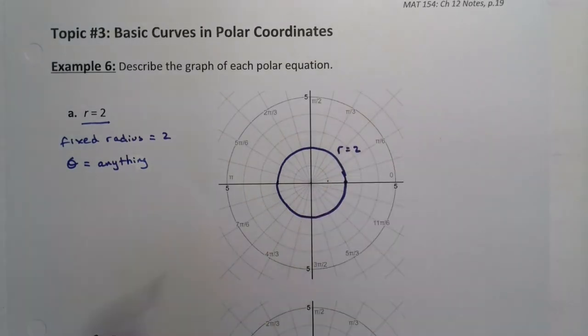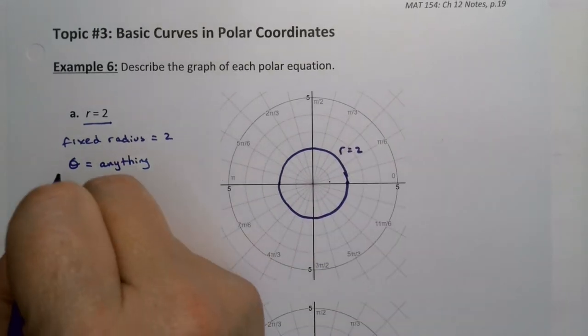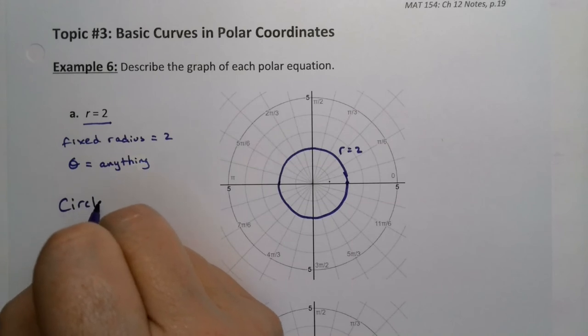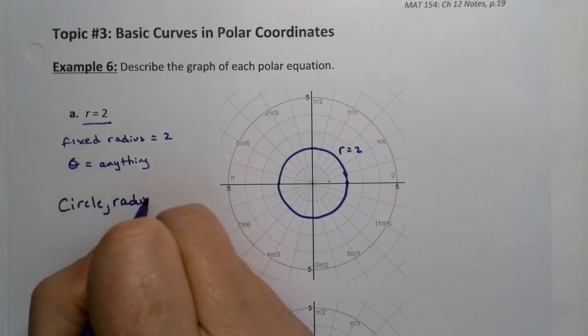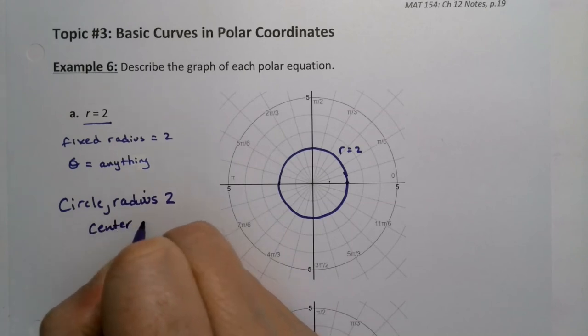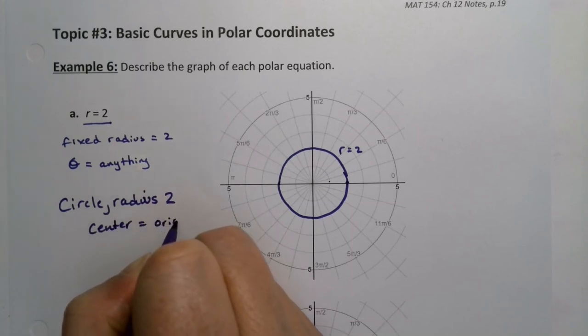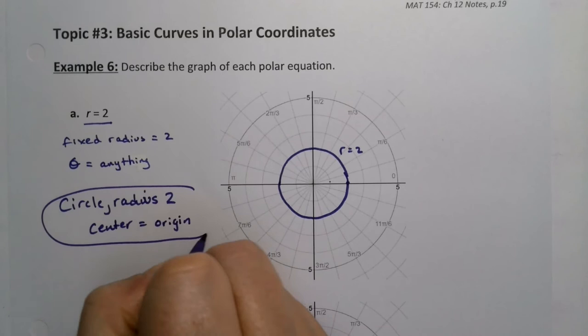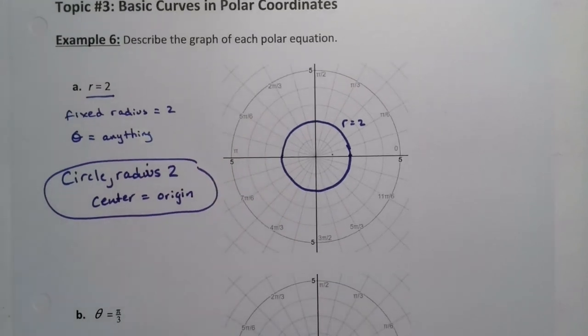This is what r equals 2 looks like. All right, so it's a circle of radius 2 with the center at the pole. As a matter of fact, r equals any constant will look like that.